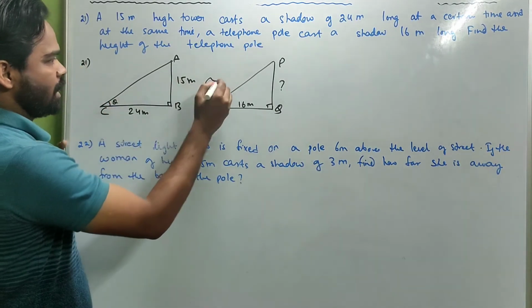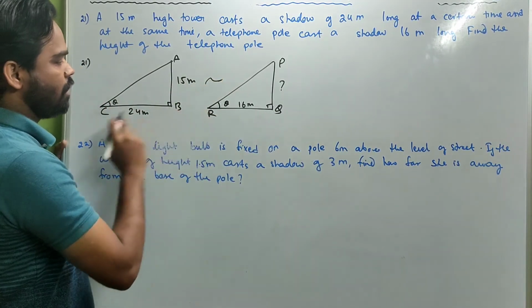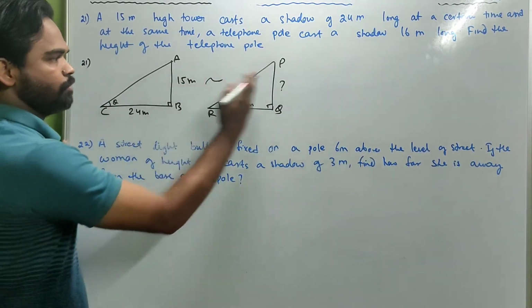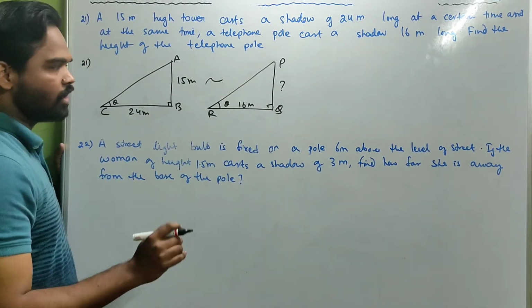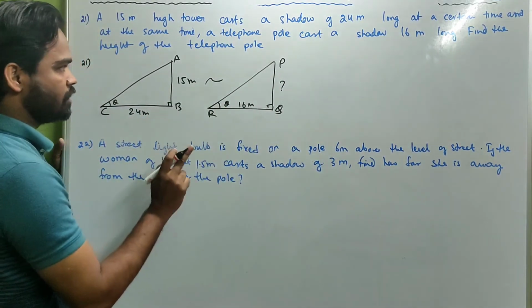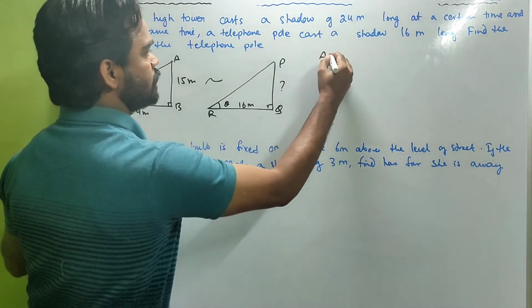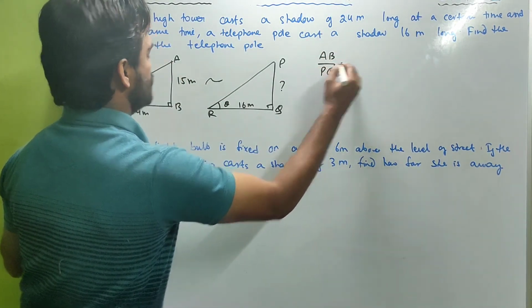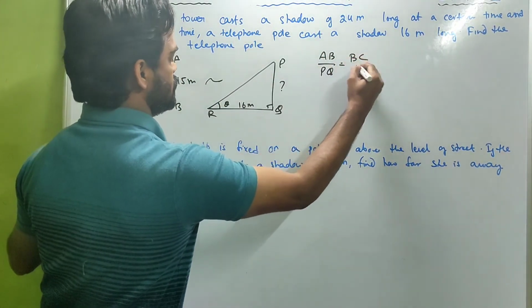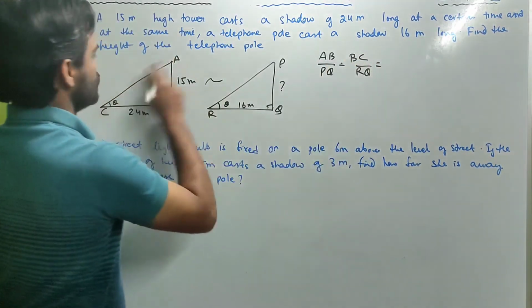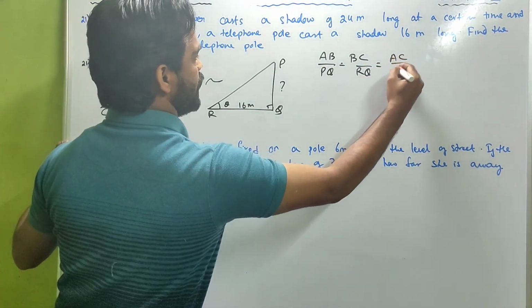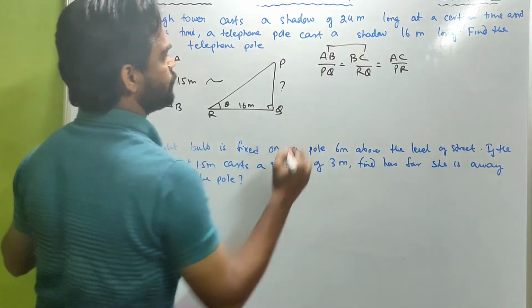Look, angle C equals to angle R and angle B equals to angle Q, because both are vertical on the ground. Which means if these two triangles are similar, we can say that AB by PQ is equal to BC by RQ is equal to AC by PR. Just use these two.